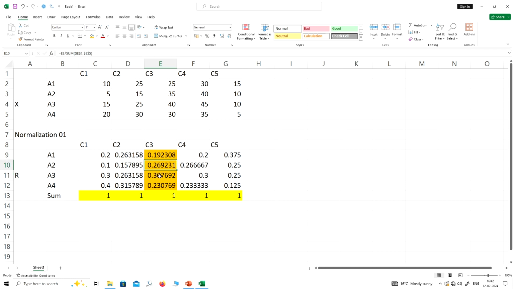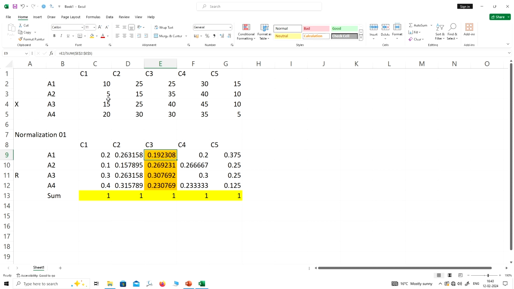Why 3? Because it is 30.7. The second one is 26.9 for alternative 2. The third is for alternative 4, 23.07, and the last one is alternative 1, 19.23.